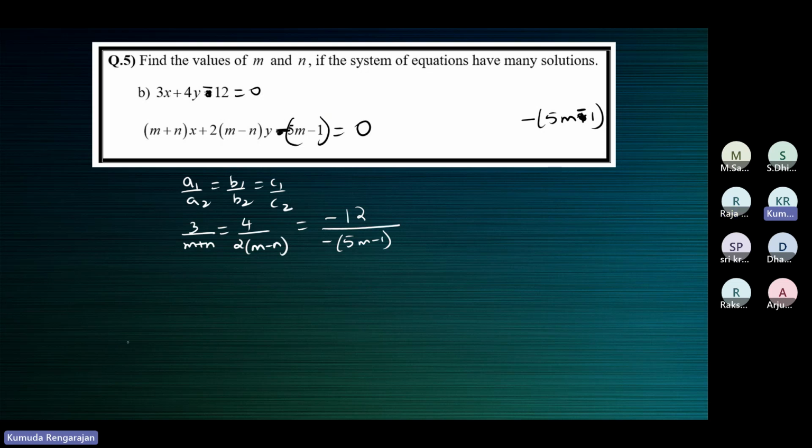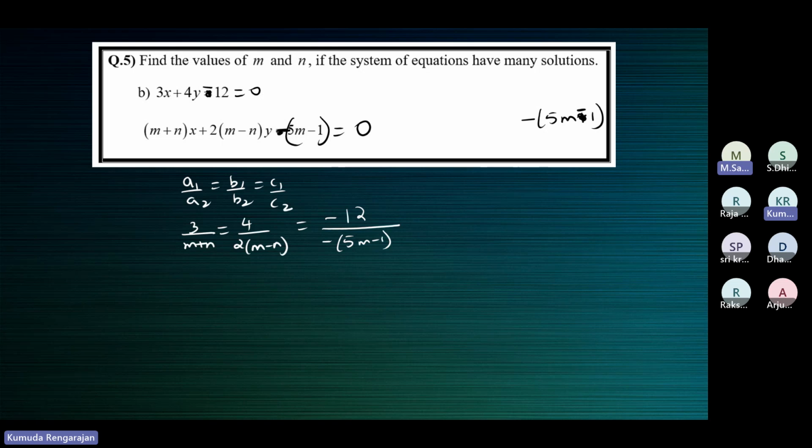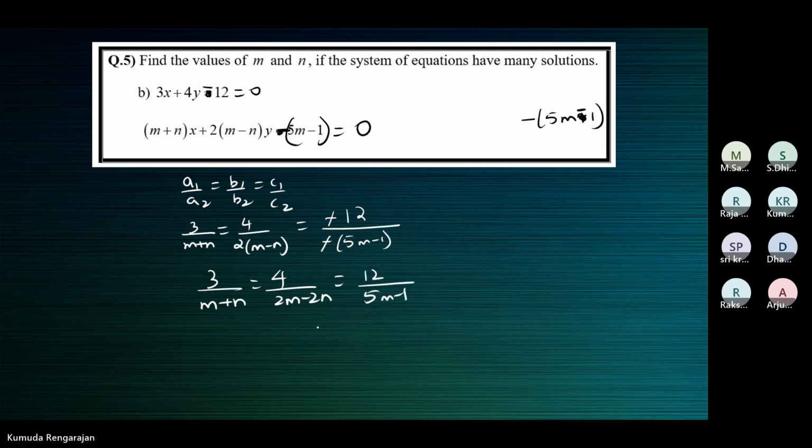Now you can cancel the minus sign. It's a formality. You have to take it to the other side. Now cancel the minus signs. So you have 3 by m plus n is equal to 4 by 2m minus 2n is equal to 12 by 5m minus 1. Yeah, children proceed. Yeah, thank you, Raja. You're right. Yes, continue, children, and tell me the values of m and n.